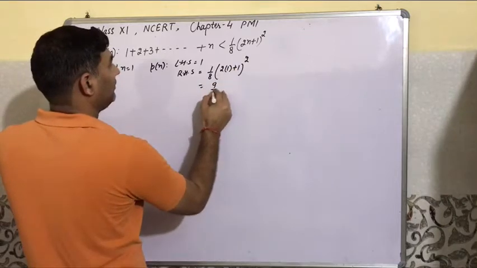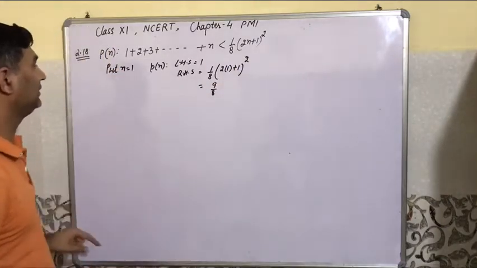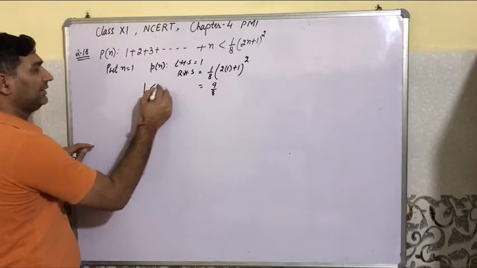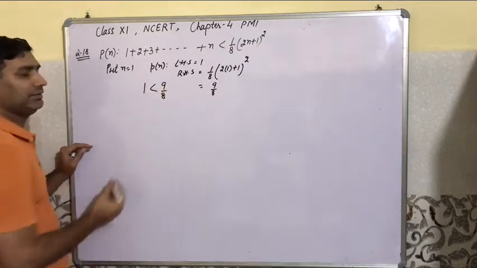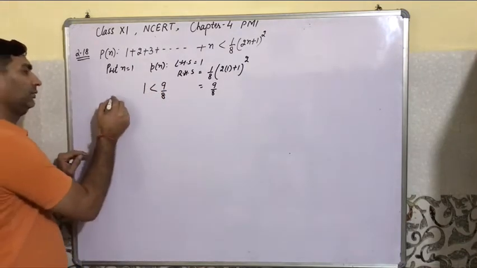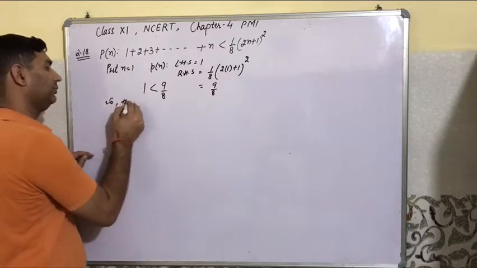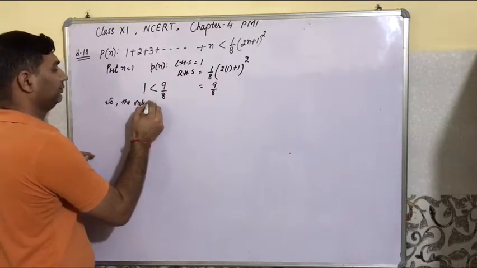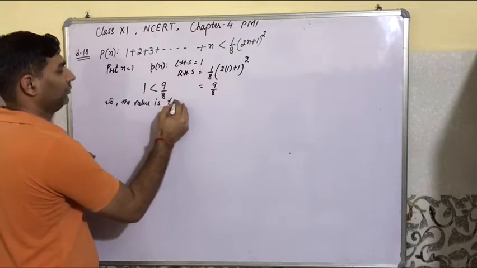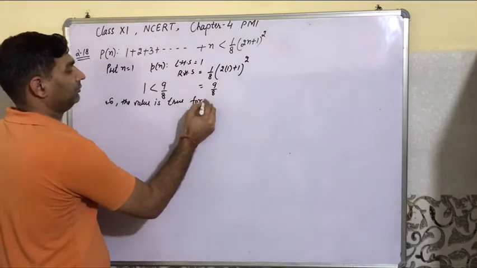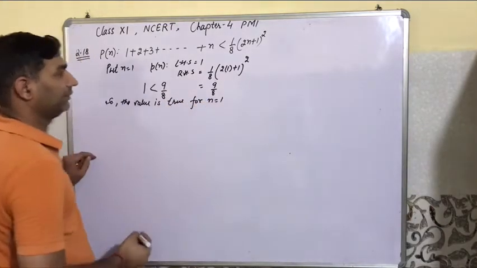This value is 9 by 8. That means 1 is less than 9 by 8. So the value is true for n is equal to 1.